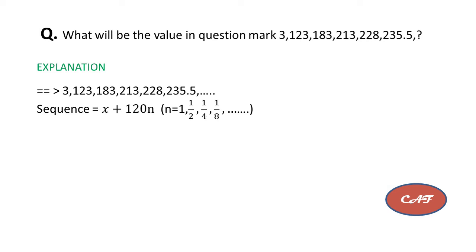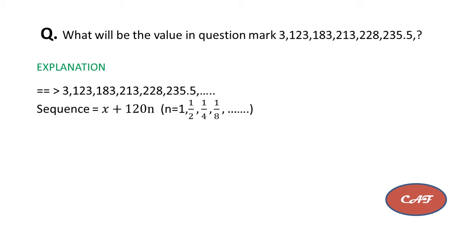So I am writing in formula format: x plus 120 into the numbers that are decreasing in order, whatever addition we are doing. So n is equal to 1, 1 by 2, 1 by 4, 1 by 8, like that. So we have to find out which term. 1, 2, 3, 4, 5, the sixth one. Here also the sixth one we have to find out.